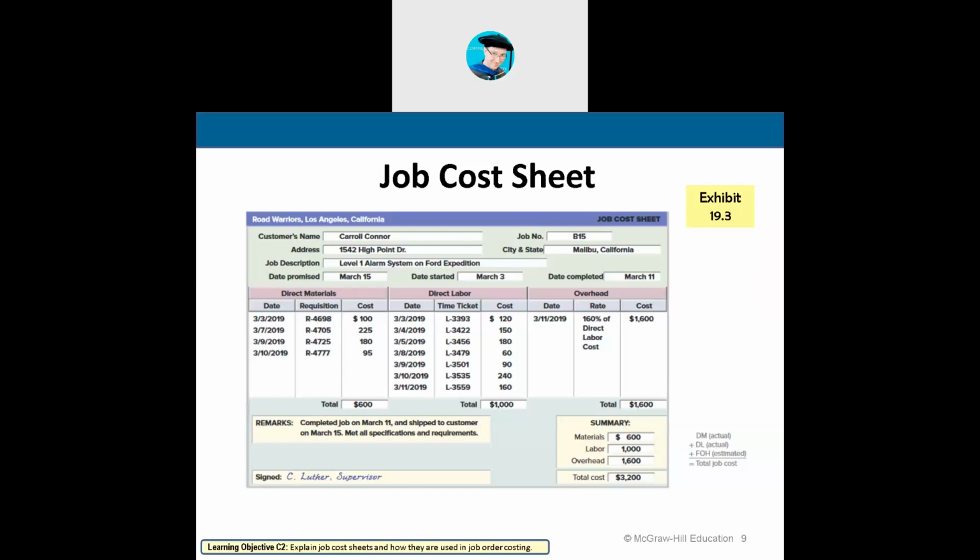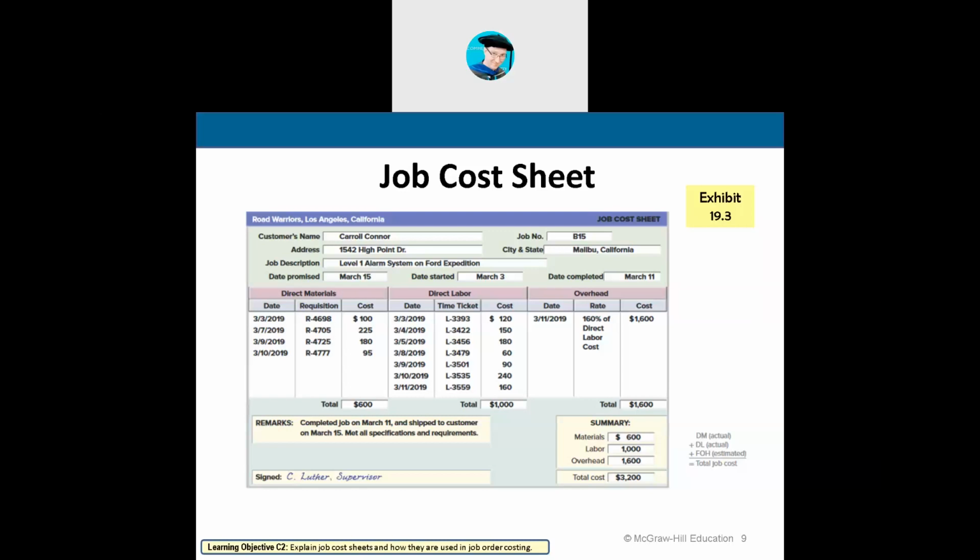In manufacturing, we use the time tickets to track how much time you spent working on a particular job. So if you're working an 8-hour shift at a Toyota factory, you might be working on 20 different cars. That's 20 different jobs. I need to track the exact amount of time you spent working on each individual car. I track that to that car, that job, you see, using a time ticket.